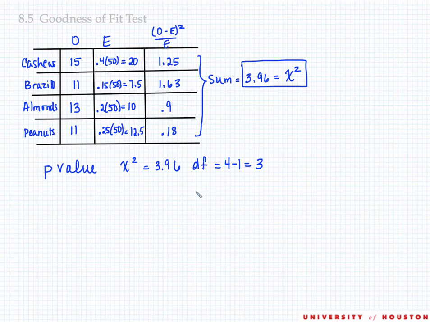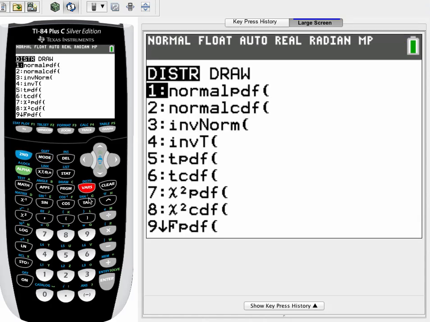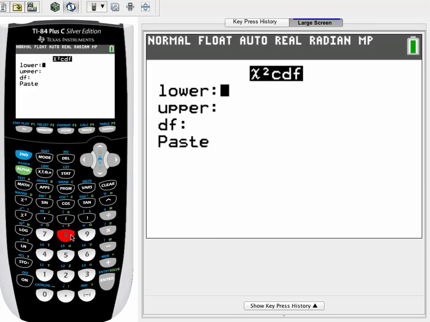Now what we're going to do is I'm going to show you how to do this on the calculator. Okay, our chi-squared distribution is under the distribution menu, so second, variables. And it's down here at number 8. We use the CDF for less than, greater thans. Our lower bound will be our test statistic, 3.96. And our upper bound is just some large number. I'm going to do 10 to the 6. Our degrees of freedom here was 3.